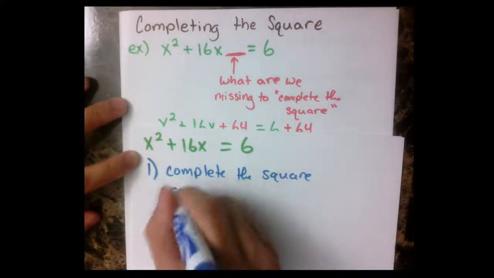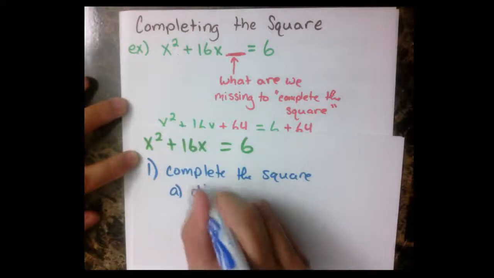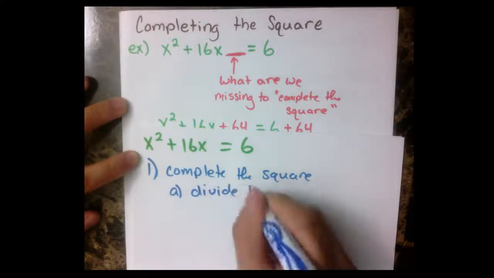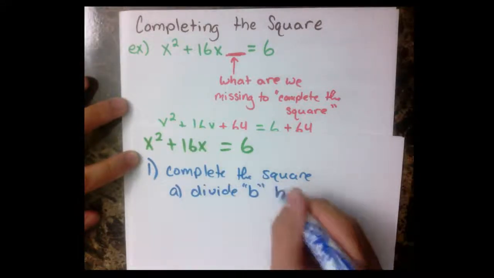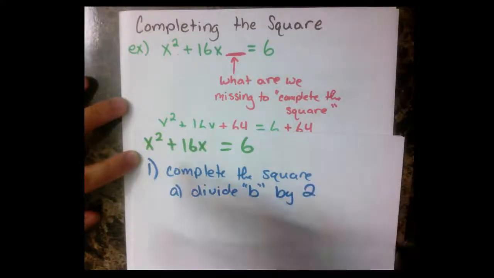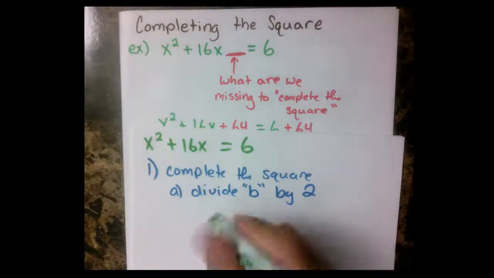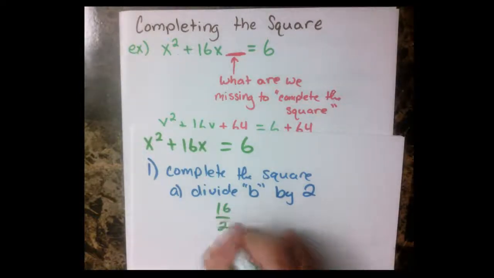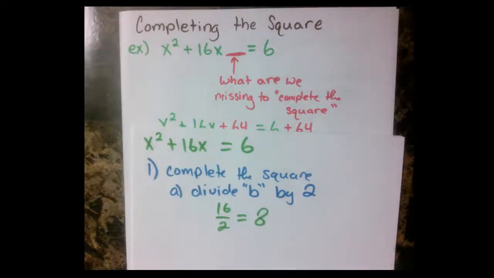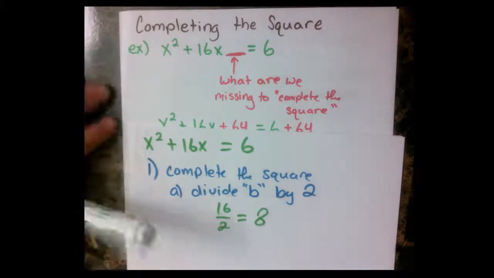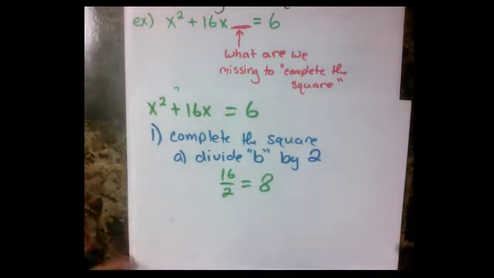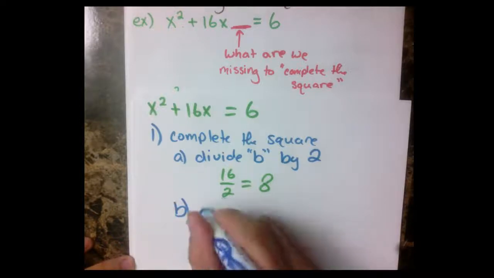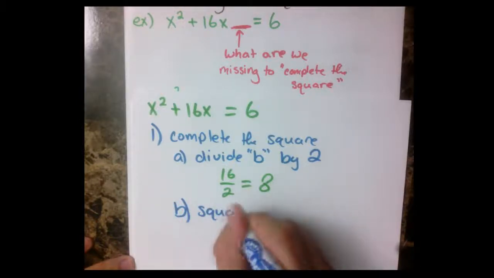so step 1a is going to be divide b by 2. Okay, your b term is 16, divide that by 2. Alright, so if I do that, 16 divided by 2 is 8. Your step b here, let me see if I can't get this all up. Your step b is going to square your result.